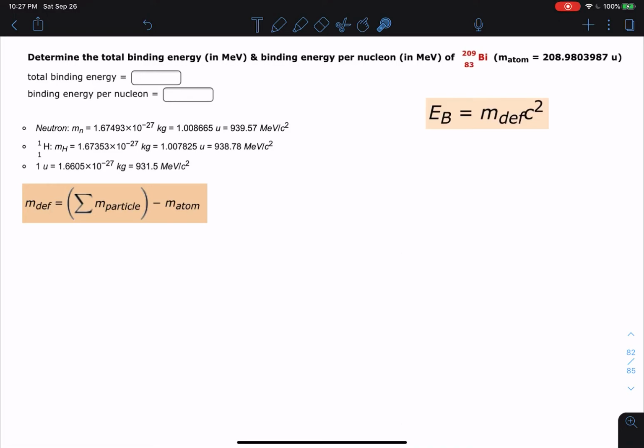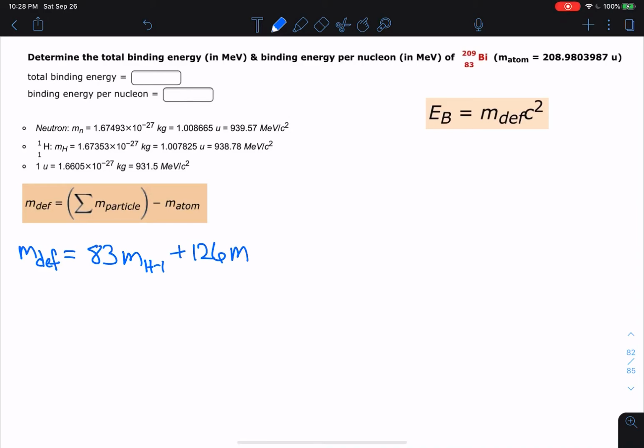All right, so how do we go ahead and do this? It starts with this formula for the mass defect. For bismuth, as I already mentioned, I need to bring together 83 protons and 83 electrons. Well, that's just a hydrogen atom. So it's going to be 83 times the mass of H1, plus 126 neutrons.